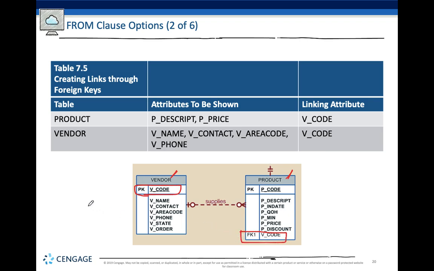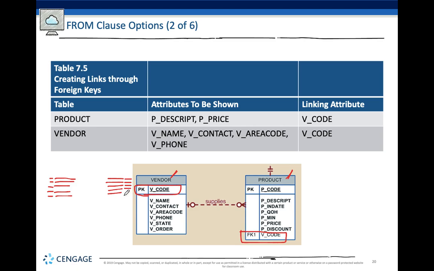So in the vendor table, we have data on several vendors. Each vendor has a vendor code, right? In the product table, we have several products listed, but then we are also linking the product table to the vendor table using the vendor code. So each product has the associated vendor code from where that product is coming from.